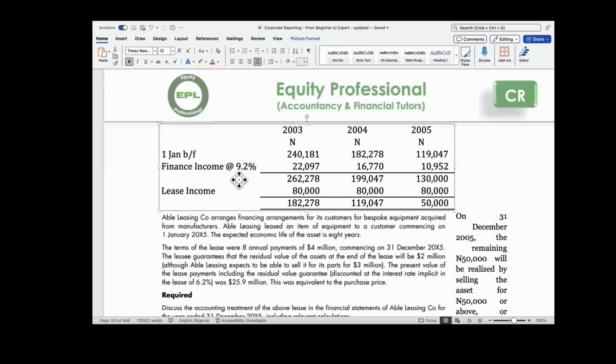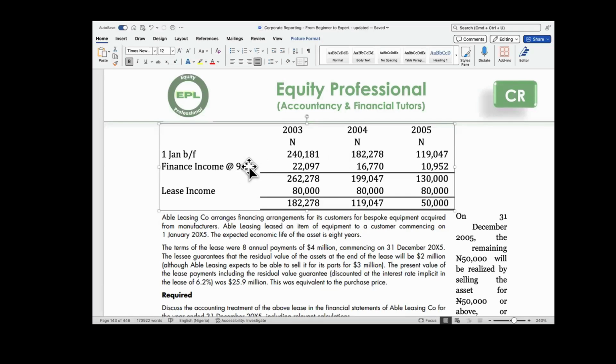So 9.2% times 240,181 gives you 22,097. Then you deduct the lease payment of 80,000. When you take that away from the 262,278, it brings it down to 182,278, which we carry to next year.